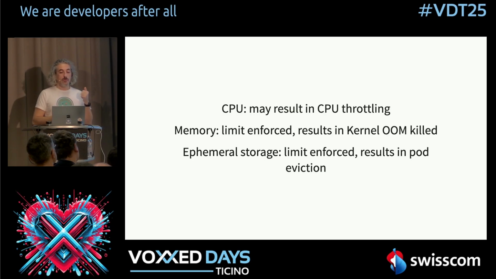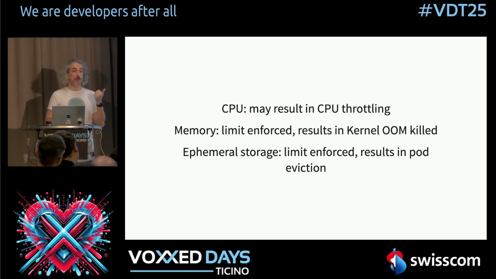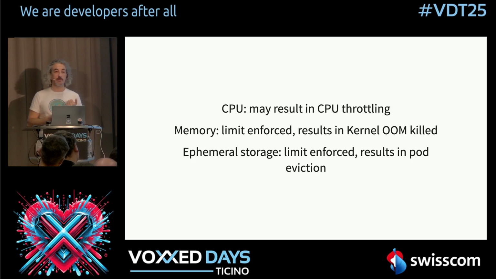What happens when you go over the limit on CPU? Your container is going to get throttled. The processes inside the container are going to get throttled. What happens when you go over the limit with the memory? The kubelet is going to kill your process. It's going to restart your container.